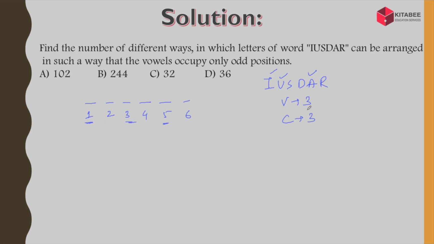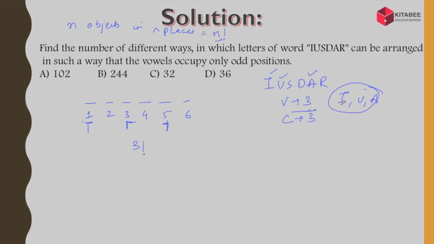So I have got 3 vowels, I, U and A, and I have to keep these 3 vowels at these designated places. So I can arrange these letters in these 3 places in 3 factorial ways. The number of ways in which you can arrange n objects in n places is n factorial, right?